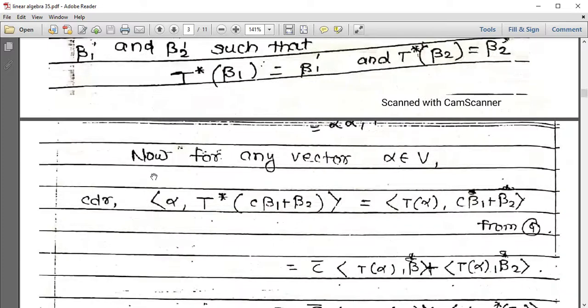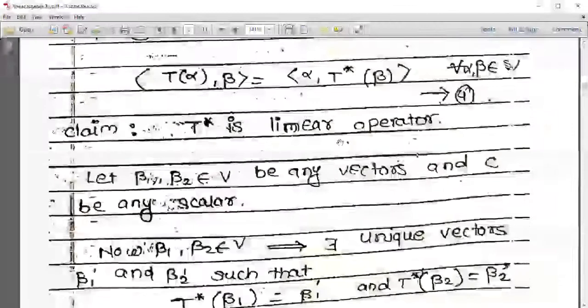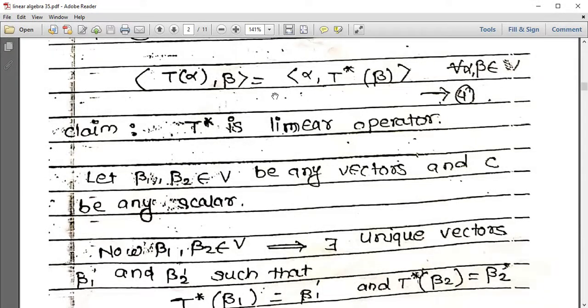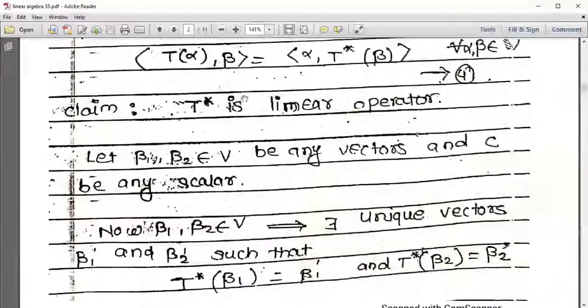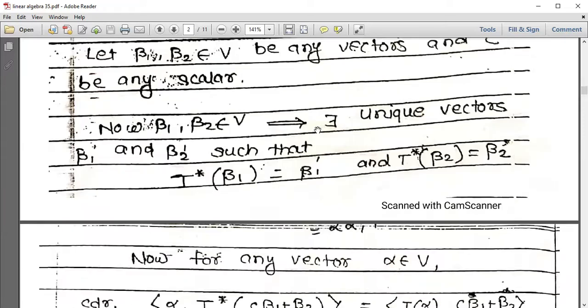Now, for any vector alpha belonging to V, consider the inner product of alpha and T star of c beta 1 plus beta 2. This is equal to the inner product of T of alpha and c beta 1 plus beta 2, from equation number 4, by the definition. We have to prove that T star is a linear operator.